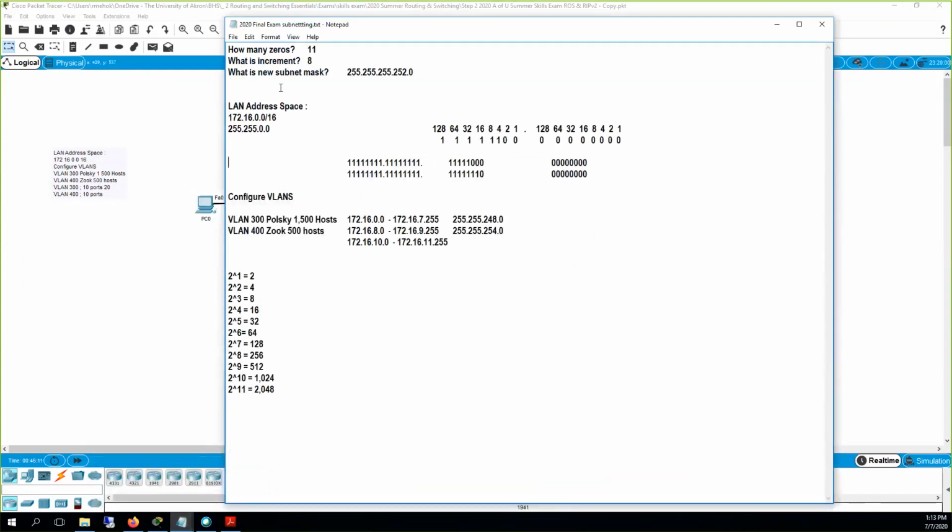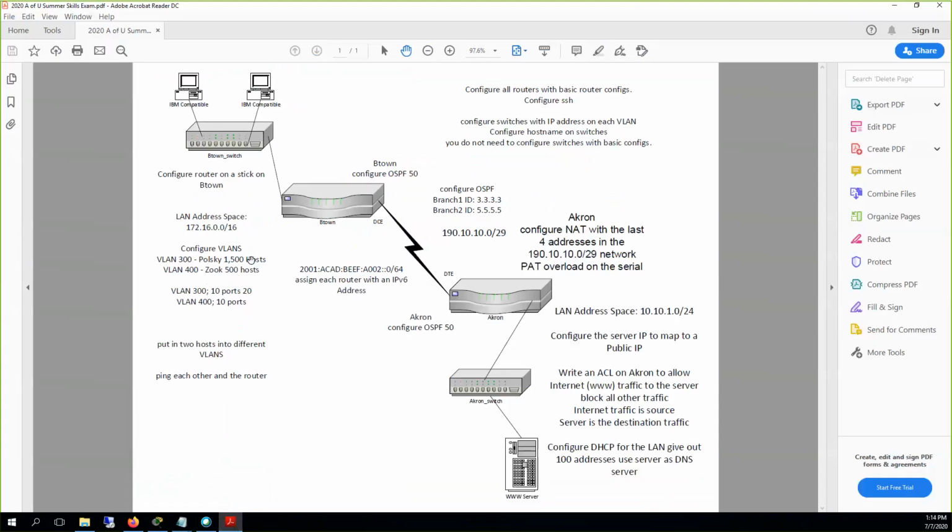So we can see here, we needed 11 zeros, which generated a subnet mask of 255.255.248, increments of 8. And then the next subnet we needed was for 1,500 hosts and 500 hosts.